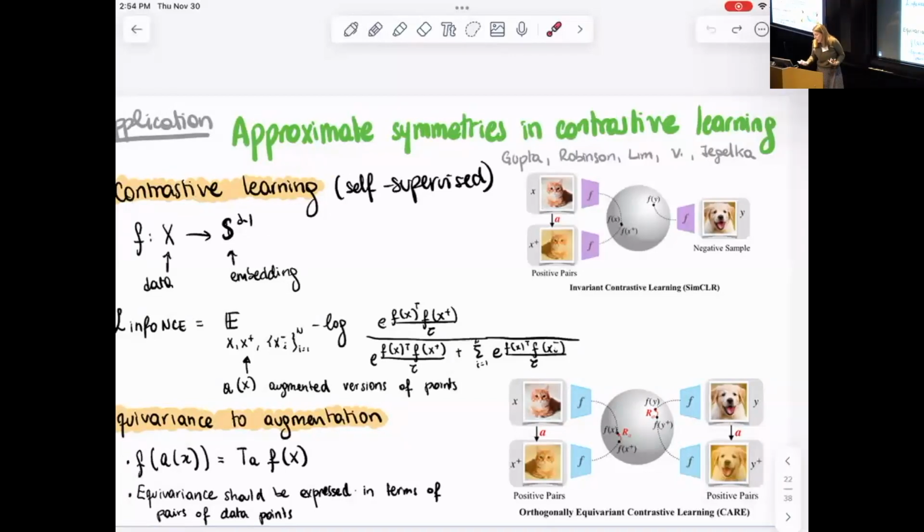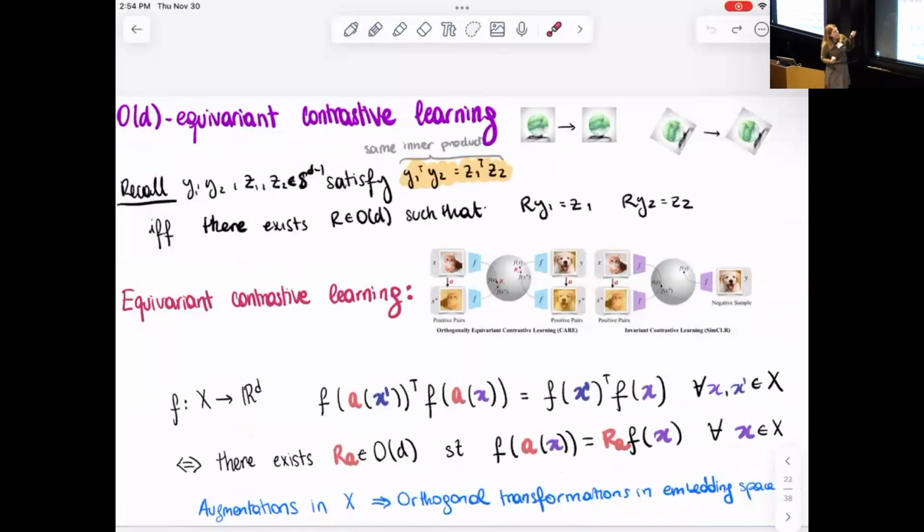So how do you do that? Well, we can use the property we had before: if I have two points y1 and y2, and two points z1 and z2, there exists an orthogonal transformation that sends this pair to that pair if and only if they have the same inner product.